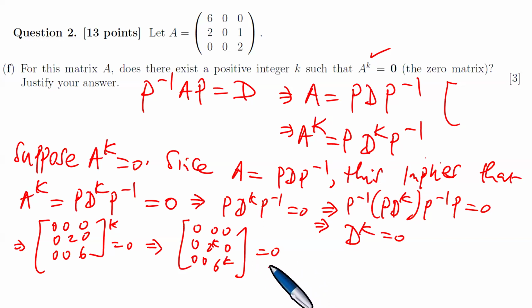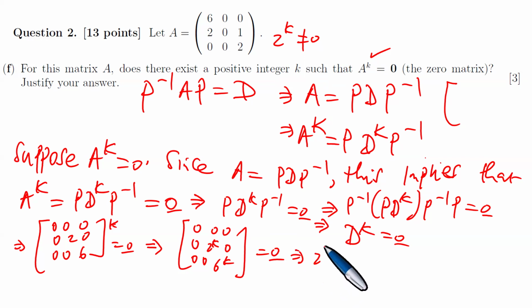And with this, the question is, because these are matrices, even this one must be a matrix here. So in the end, clearly this is not the 0 matrix, because these are exponential numbers. So this would mean this is not 0, which implies therefore 2 to the power k is not 0, and 6 to the power k is not 0.